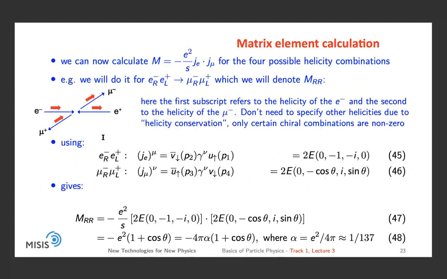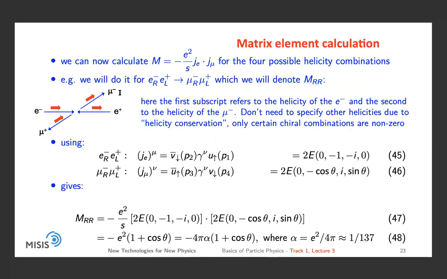So finally, what matters is that we can calculate this matrix element for all the 4 possible helicity combinations. As an example, we will do it for this one, which is denoted as MRR. Here, the first subscript refers to the helicity of the electron, and the second one to the helicity of the negative muon.